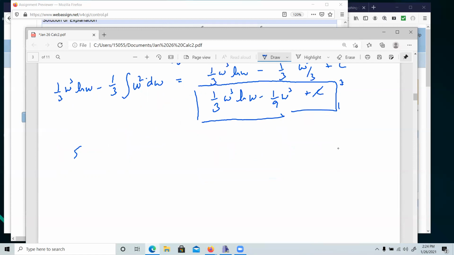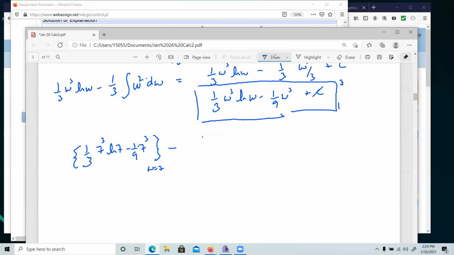Okay. So here's 1/3. We had a 7 cubed ln 7 minus 1/9 times 7 to the 3. This was w evaluated at 7, right?